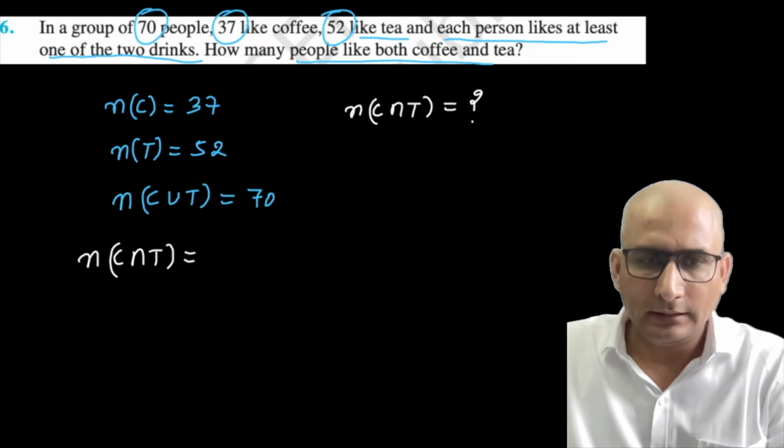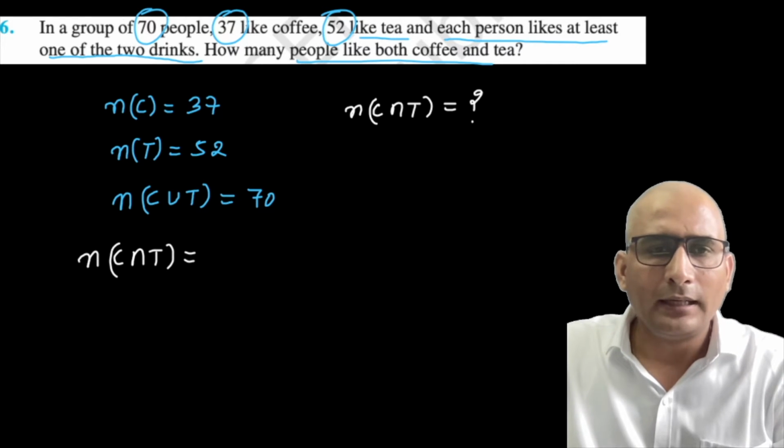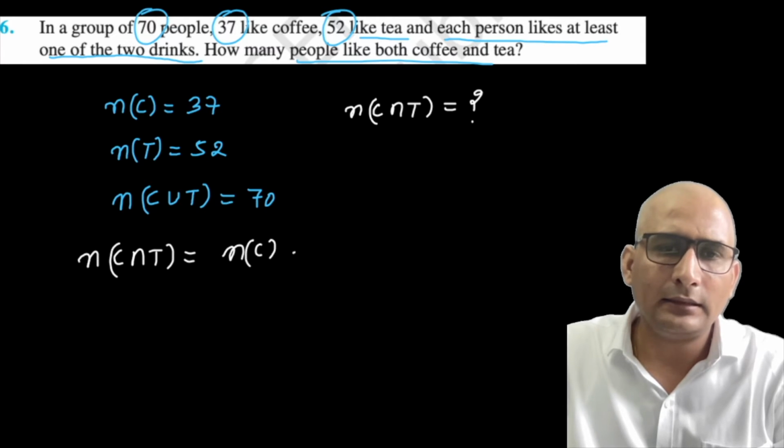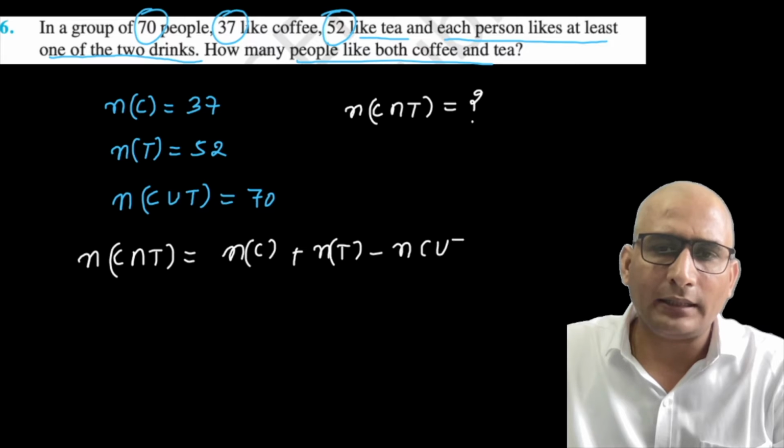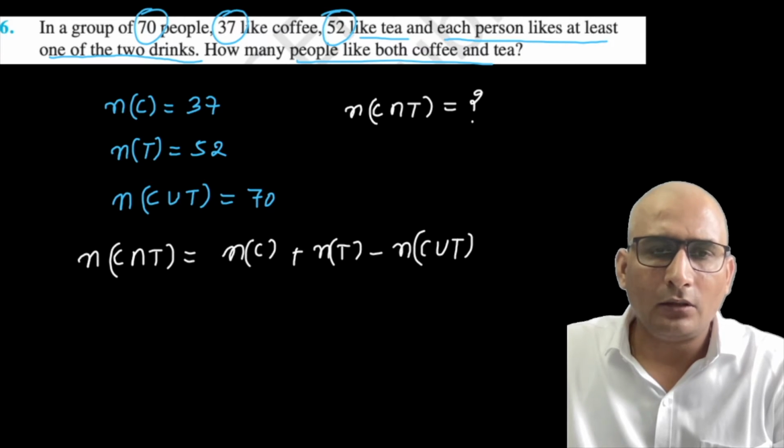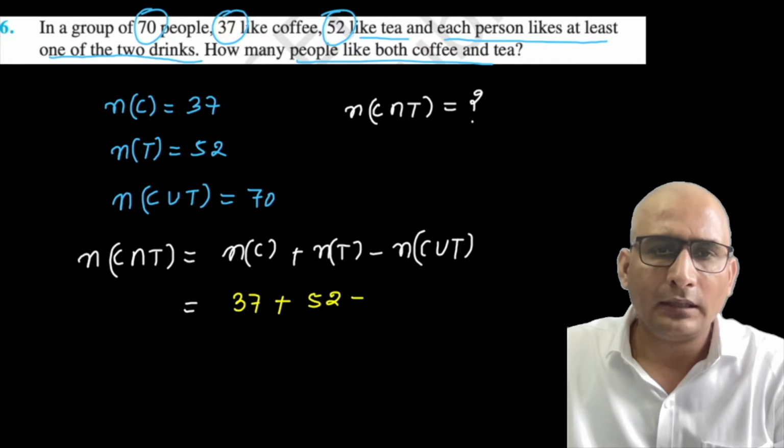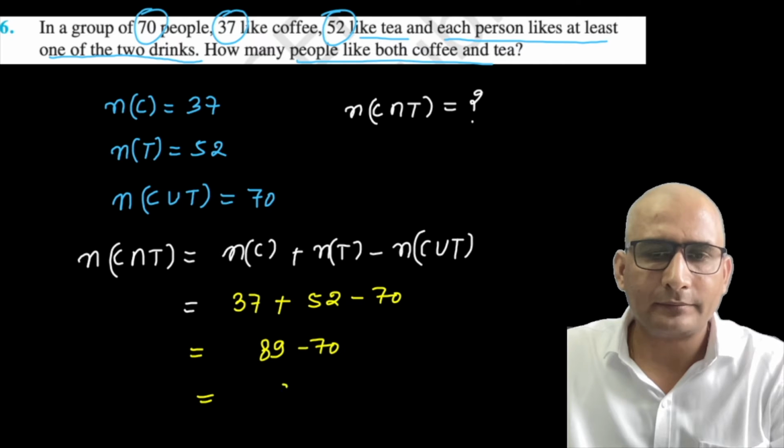It is the identity for union and it can be rewritten for intersection like this also. n(C intersection T) is n(C) plus n(T) minus n(C union T), right? Now put the given values here. n(C) is given 37, n(T) is given 52, and it is given 70. So it comes out to be 89 minus 70, which is 19.